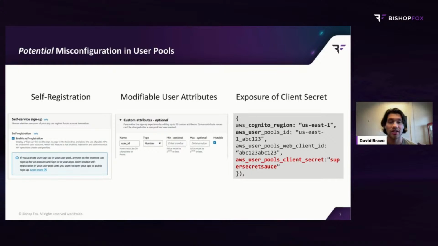You can think of that almost like a self sign up on a web application. And if you enable signing up on a web application, that's not necessarily a vulnerability. All these configurations could be vulnerabilities in the context of the application, in the context of the design of the application. So, how can self-registration introduce a vulnerability?